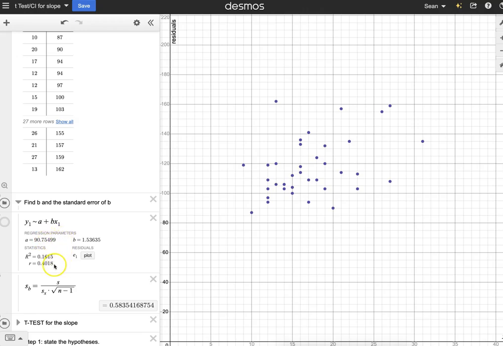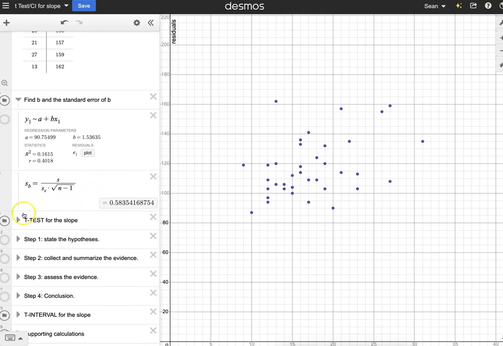The correlation coefficient is 0.4018. A correlation coefficient of 0.4018 implies that the linear relationship is weak to moderate and it has a positive association.